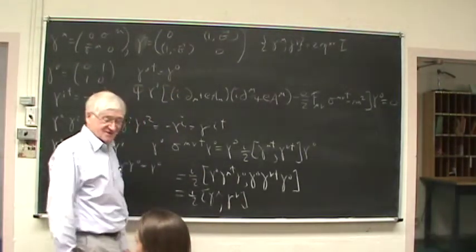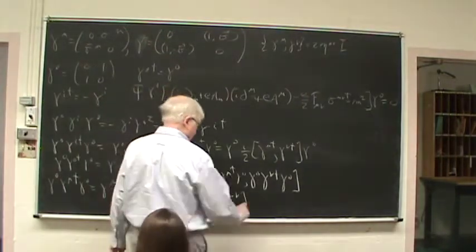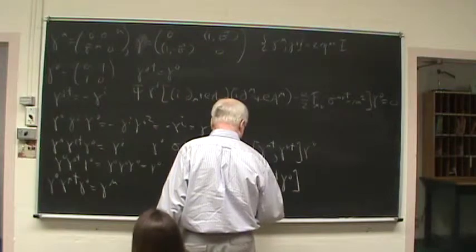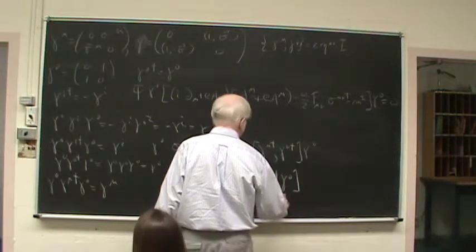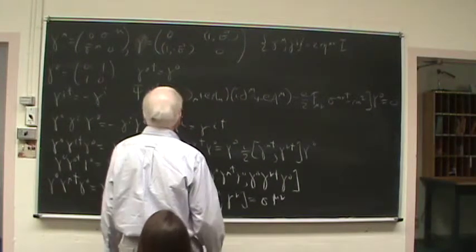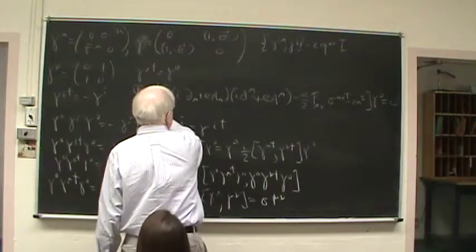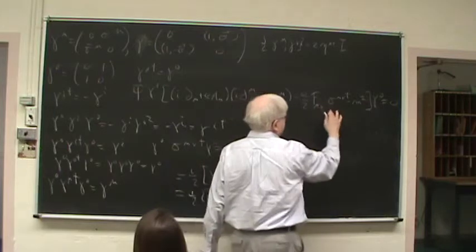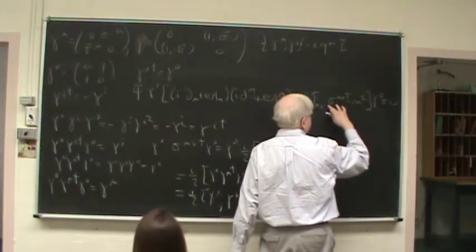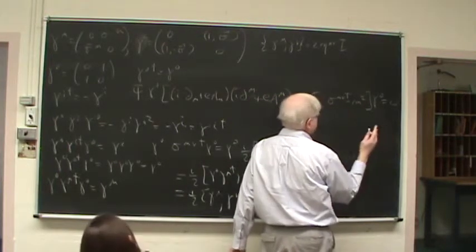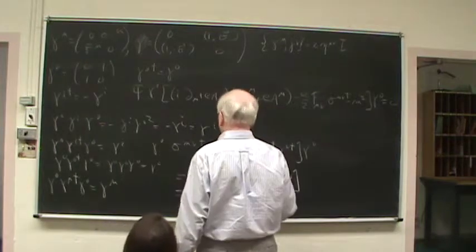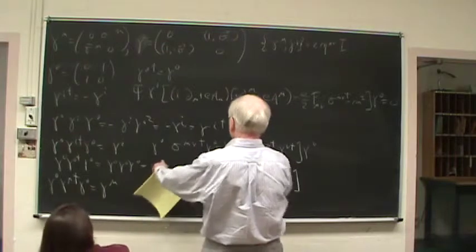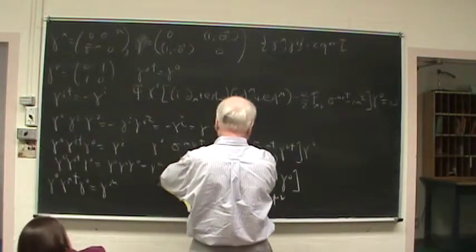Too many Greek letters, I know. And this is then just sigma mu nu. So we pull this gamma 0 through, and the only time it makes any difference is when it hits this. Otherwise, it just gives us 1.